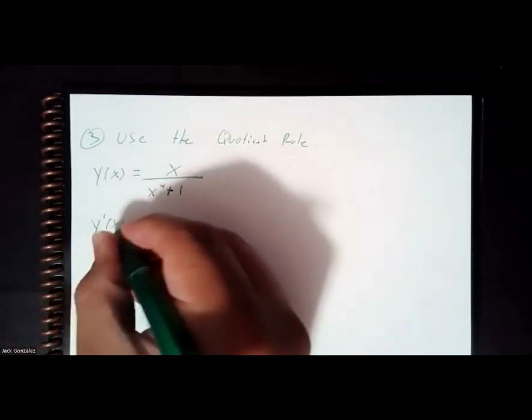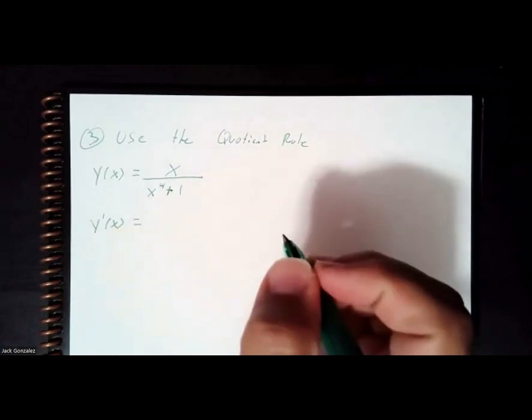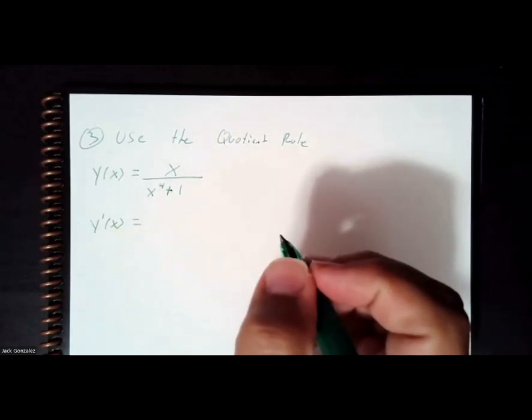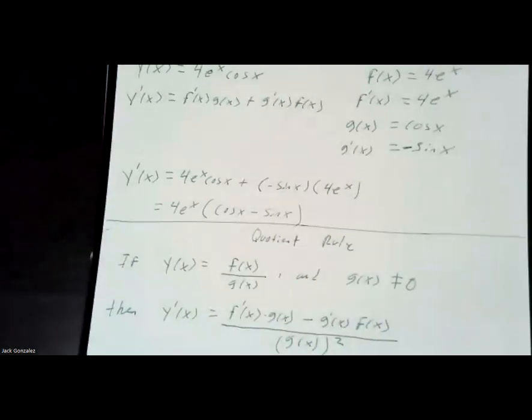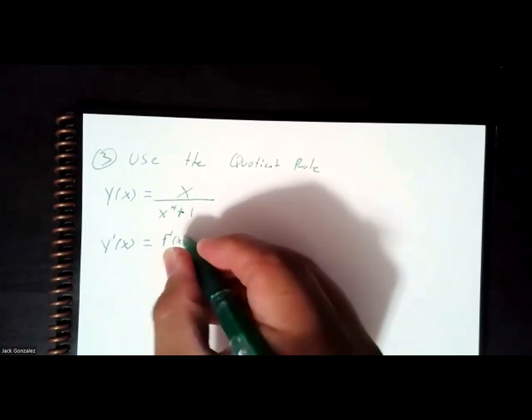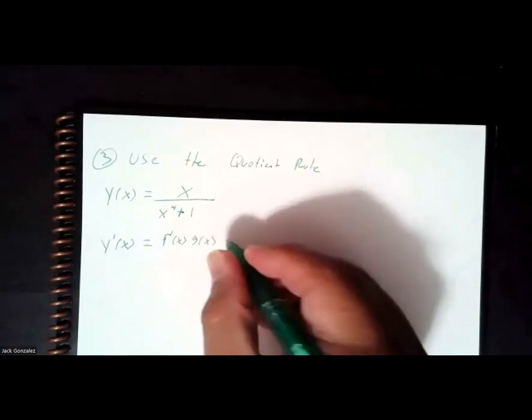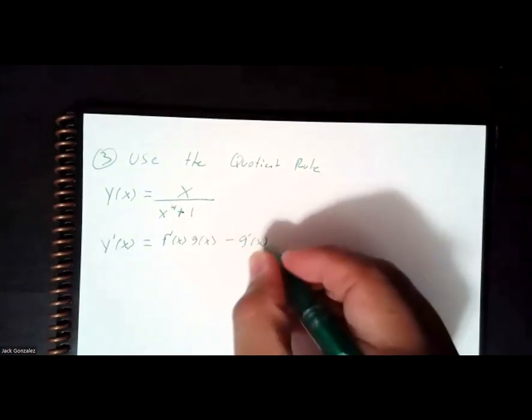So the derivative is going to be, oh, I already forgot what it was. F prime G minus G prime F. Okay.